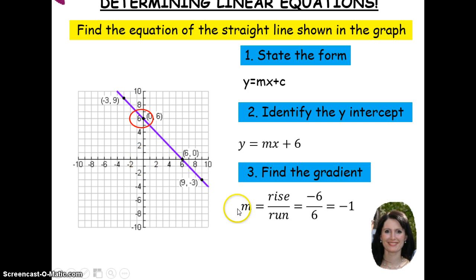That means negative 6 is my rise. I put that in the numerator. Then I need to go 6 across in the positive direction of the x-axis, and that's where my point lies. So my run, or my horizontal distance, is positive 6 units. That gives me negative 6 over positive 6, which equals negative 1. My gradient is negative 1.